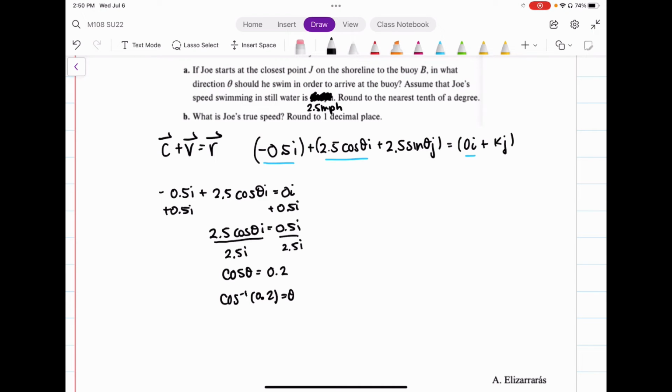Using my calculator, I get that theta equals 78.5 degrees, rounded to the nearest tenth of a decimal. That's a first quadrant angle, which is what we want. If you go back to the diagram and look, the angle that we're dealing with is in the first quadrant.